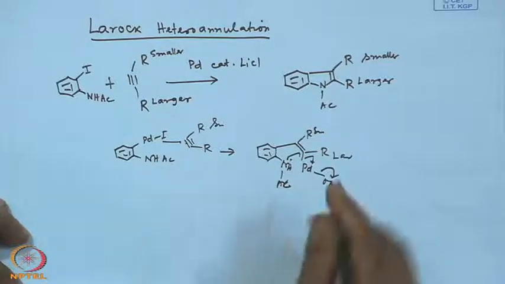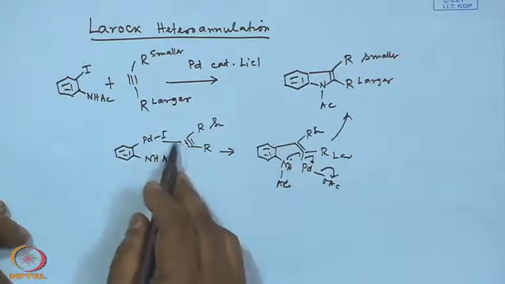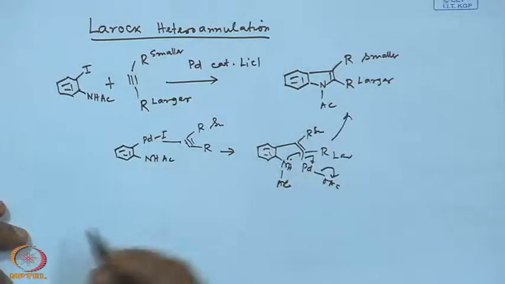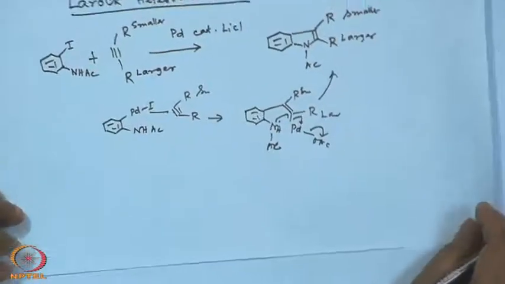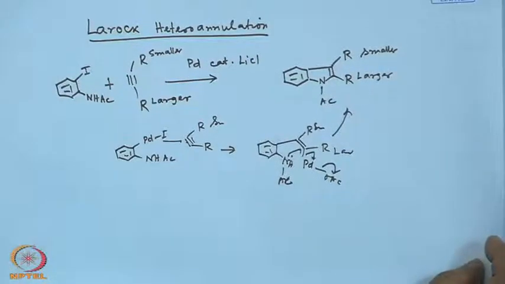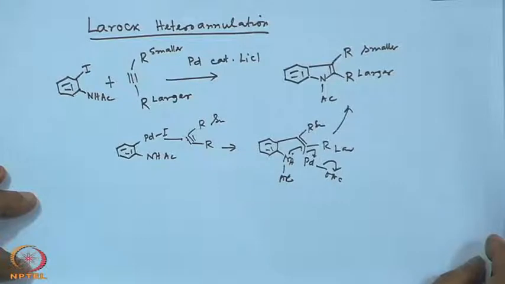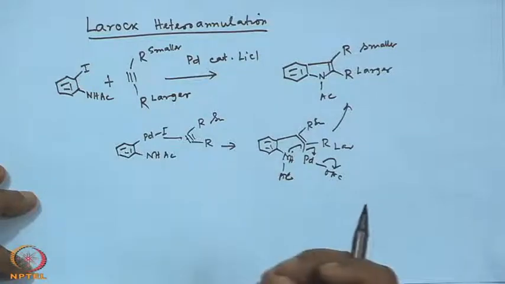So, basically during this insertion it is oriented in such a manner that the smaller one would be linked to the benzene ring system. So, it is a powerful reaction, a one pot reaction, and the starting materials are very simple alkynes. The ortho-iodoaniline can be easily made: you can simply add iodine to the aniline and get the corresponding iodo compound, because anilines are pretty activated.